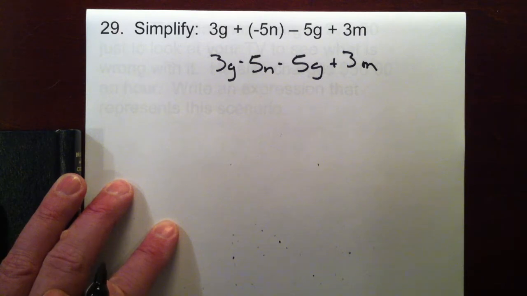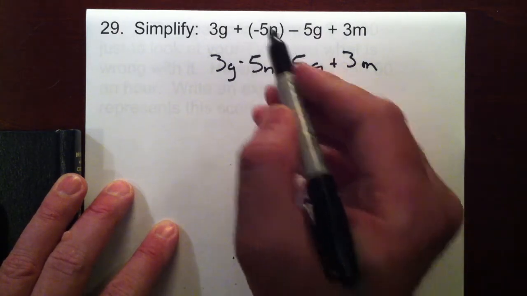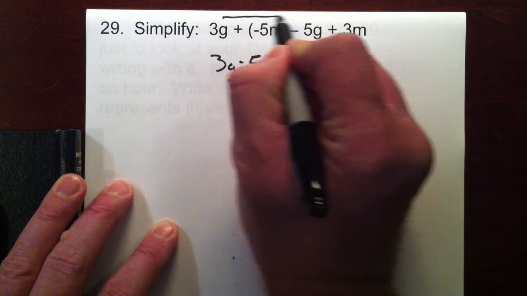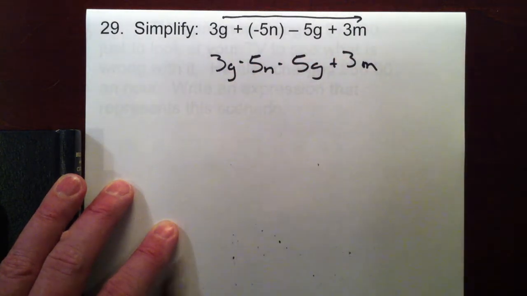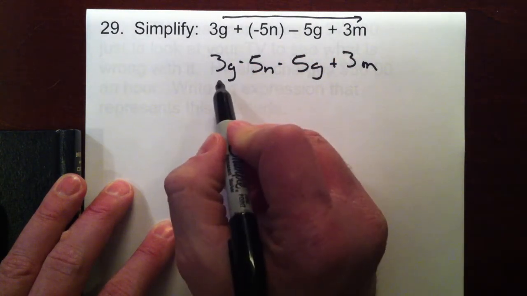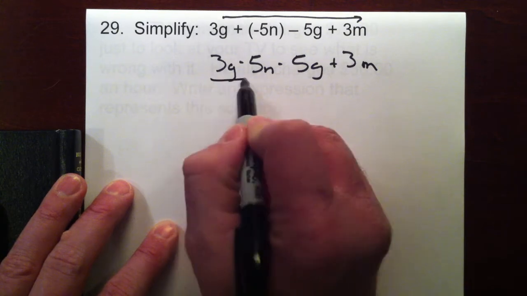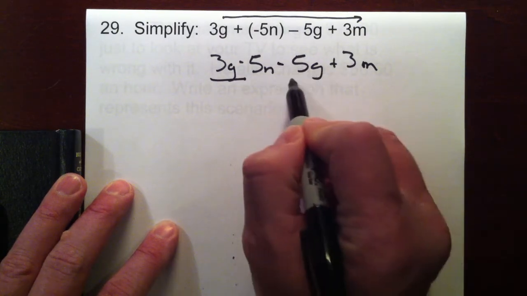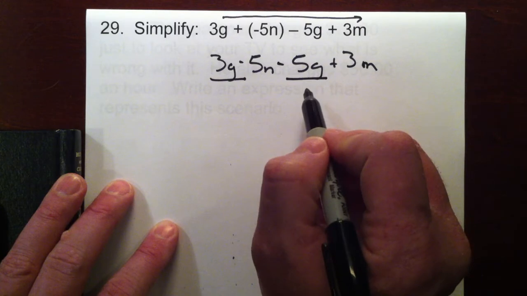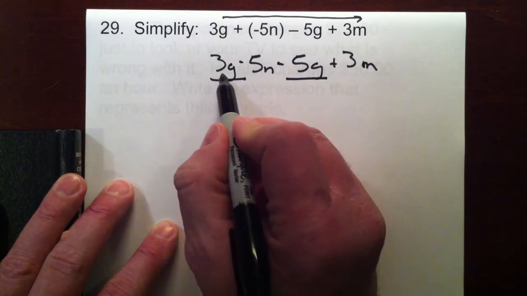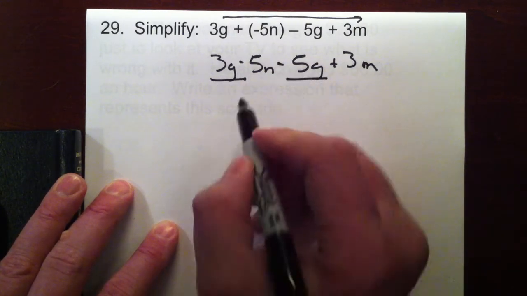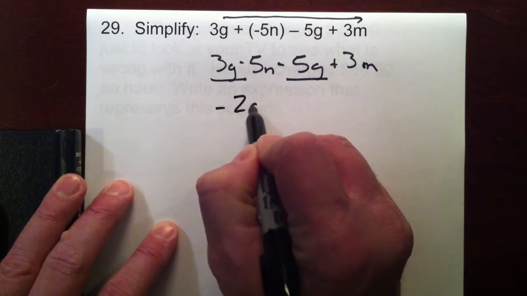Well, since we're doing addition and subtraction, we must move from left to right. And let's start off with our 3g and find out what it has in common. We have 3g and we have a negative 5g, or minus 5g. Well, if we take 3g and subtract 5g, we end up with a negative 2g.